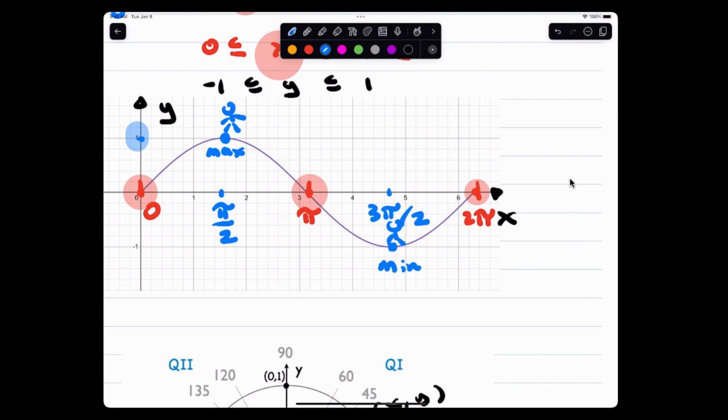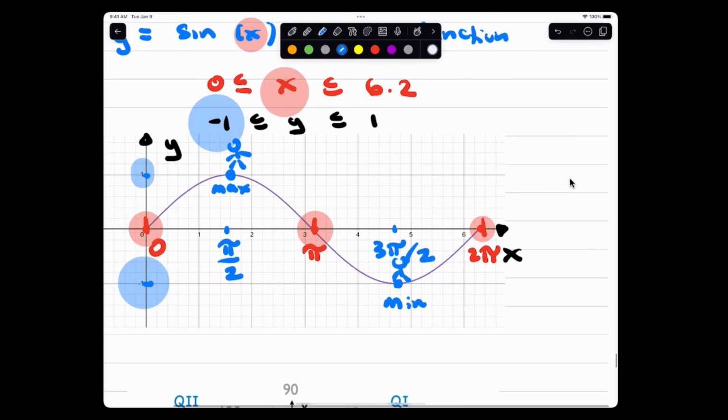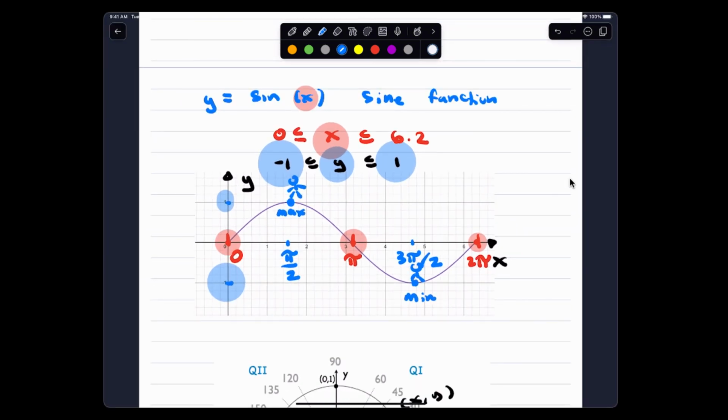So at 3 pi over 2, ladies and gentlemen, you're at a minimum value, which is going to be -1. And this is why we say the y-coordinates are between -1 and +1, while the x-coordinates are between 0 and 6.2. This is called one cycle of sine, and again, we're going to revisit this. So I just want to share with you guys a little bit of the detail.